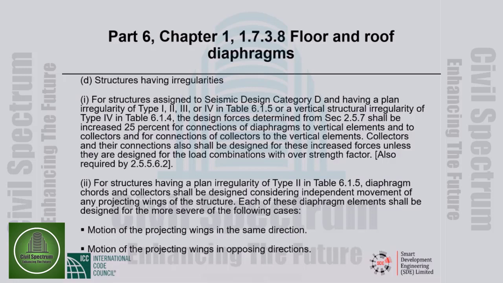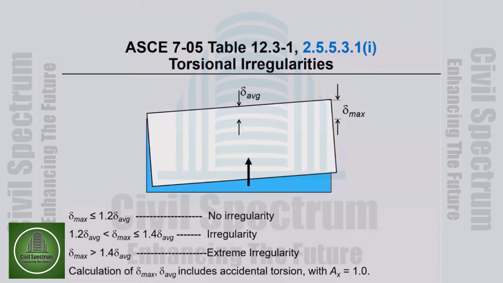Each of these diaphragm elements shall be designed for the more severe of the following cases: motion of the projecting wings in the same direction, moving towards each other, and the projecting wings going apart from each other. Okay, so this is said. How to exactly do it is not that clear or that simple, but anyway, that is the 1738 that is invoked from the table of plan irregularities in BNBC Part 6, Chapter 1.